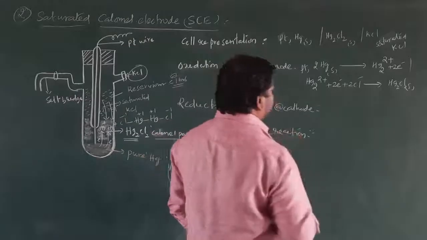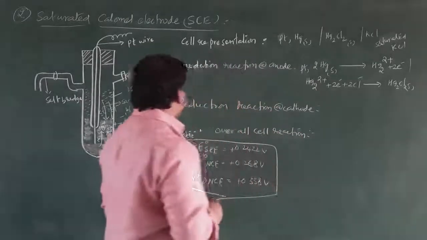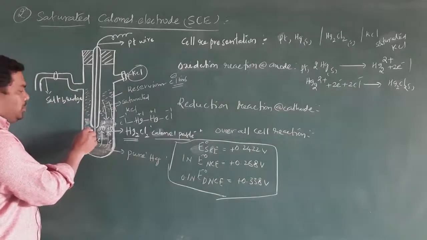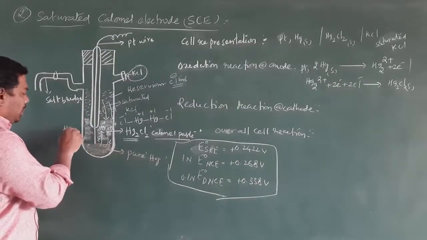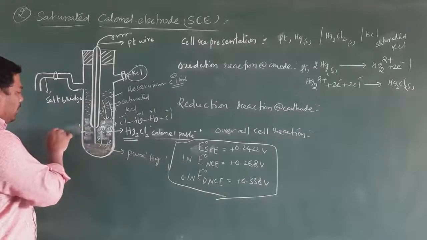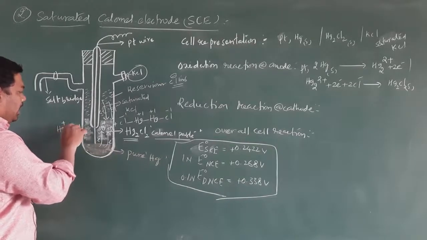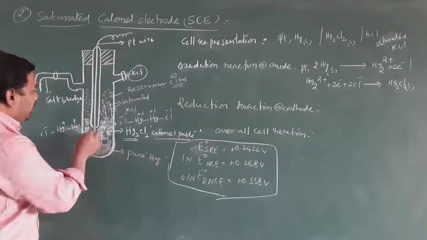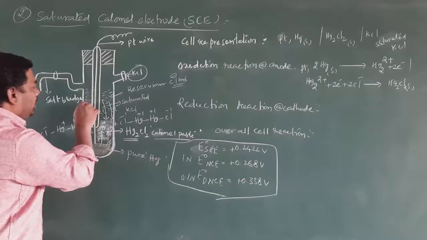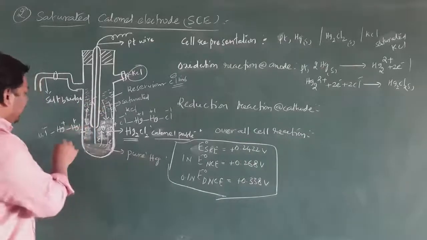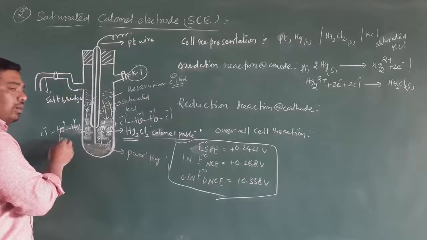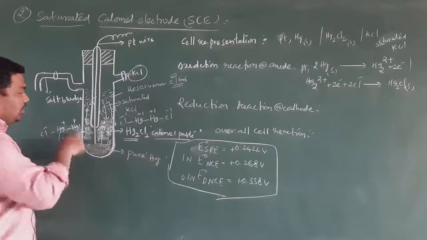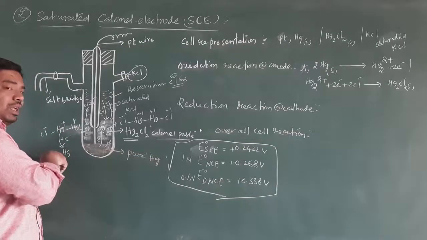In this reduction reaction you can see what will happen. Hg2Cl2, mercurous chloride, that means Hg+ and Cl minus, gives chloride ions, and Hg+ gains the electron and is converted into mercury.